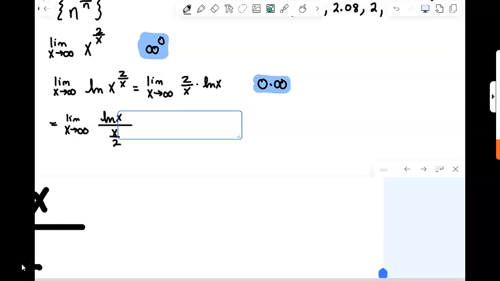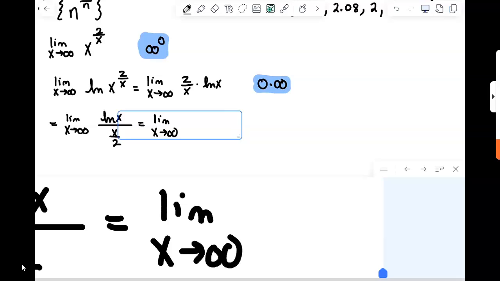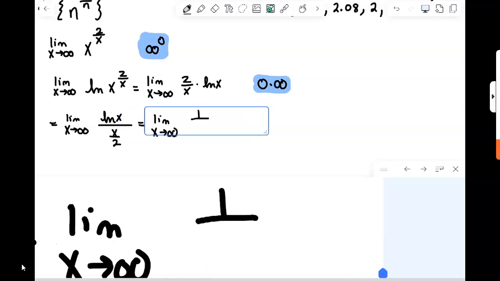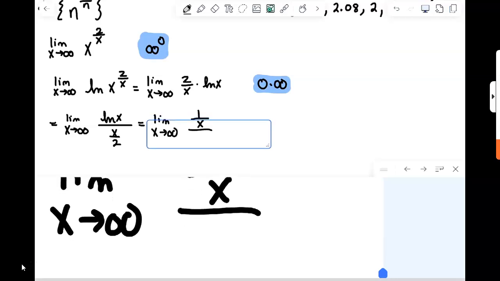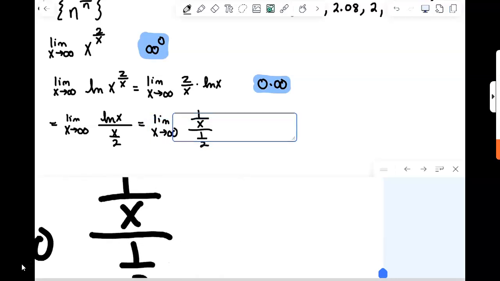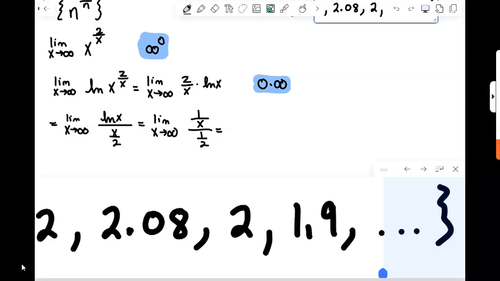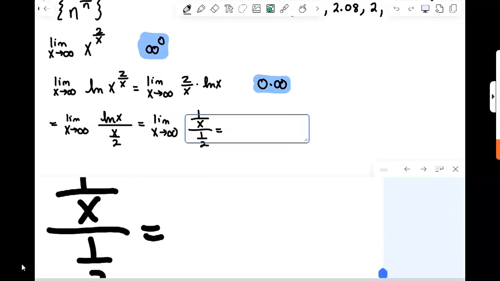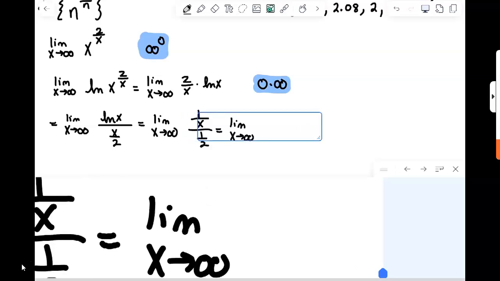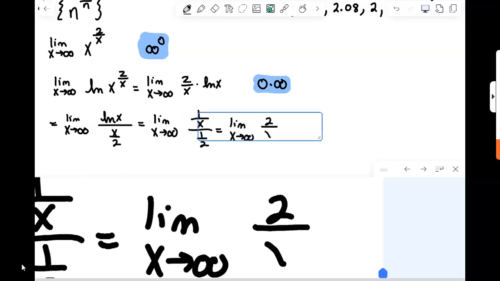We then recognize we have infinity over infinity, so we invoke L'Hopital's rule. Limit as x goes to infinity of 1 over x over 1/2, and we can clean that up a little bit. Limit as x goes to infinity of 2 over x.